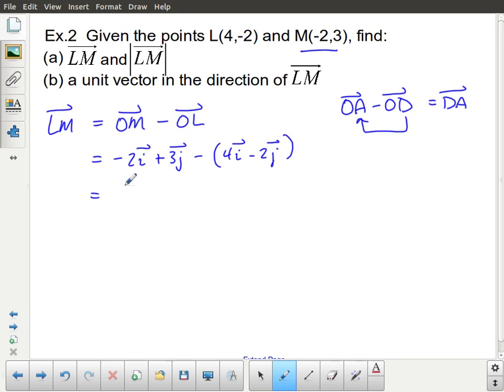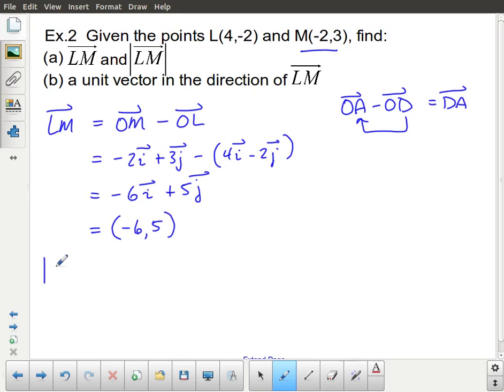And now I'm going to do my algebra. So I end up with negative 2i minus 4i is negative 6i. And then positive 3j, this minus and minus becomes plus 2j. So that becomes plus 5j, which I could represent as negative 6, positive 5. So that's my vector LM.